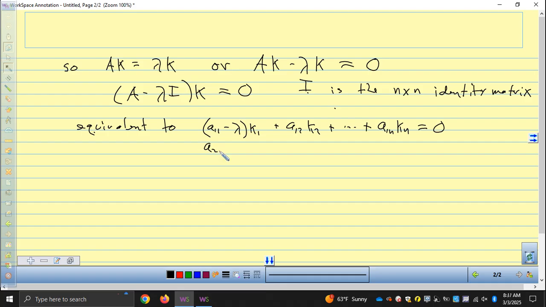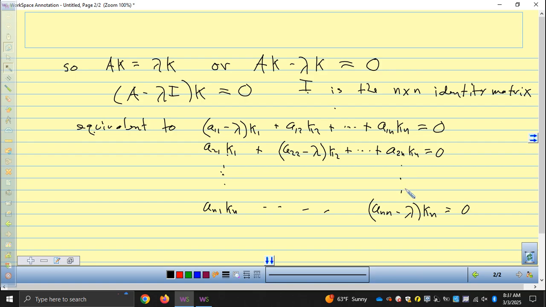And this is A21 K1, so I don't need parentheses there, plus A22 minus lambda times K2. The identity matrix has 1s on the diagonal and 0s everywhere else, plus dot dot dot plus A2n Kn equals 0, and this goes all the way to An1 K1 and over to Ann minus lambda times Kn equals 0.